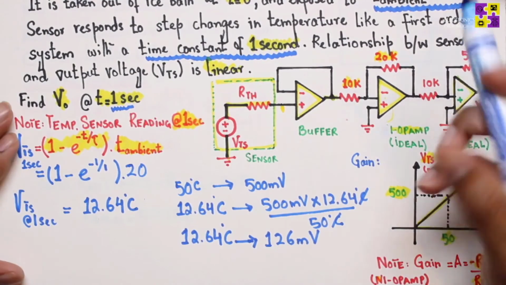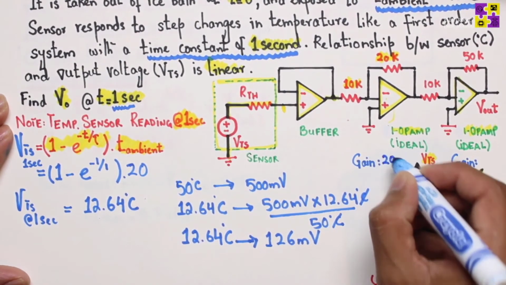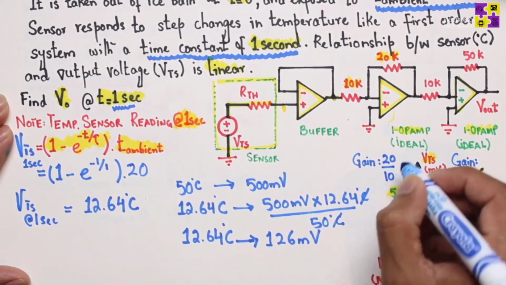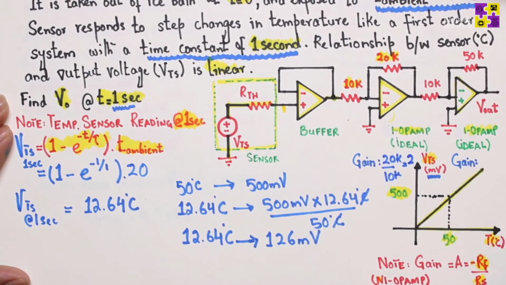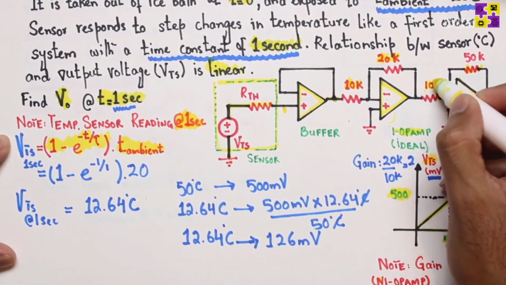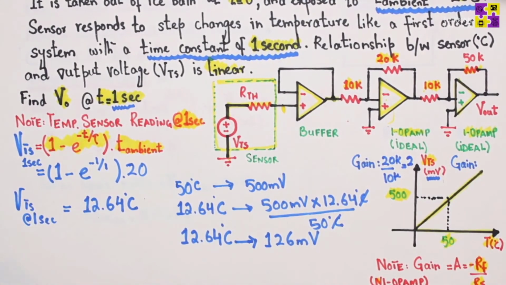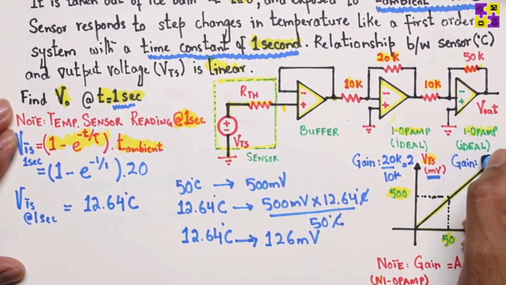So 20K divided by 10K gives you a gain of 2 here, correct? Similarly, if you look at here, you have the feedback resistance of 50K, source resistance of 10K. So 50K divided by 10K, that gives you a gain of 5.